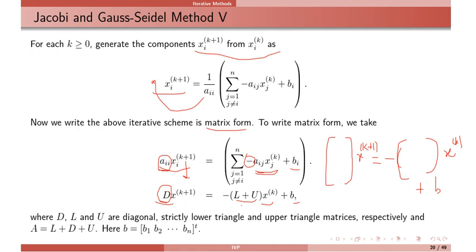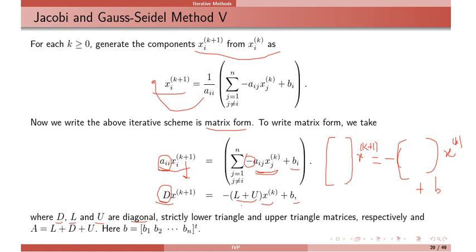So what is D? D is the diagonal part of matrix A. What is L? The lower part of matrix A, and U is the upper part of matrix A.